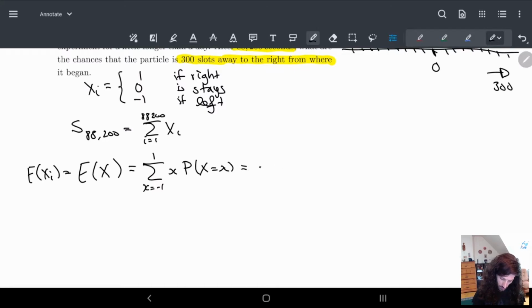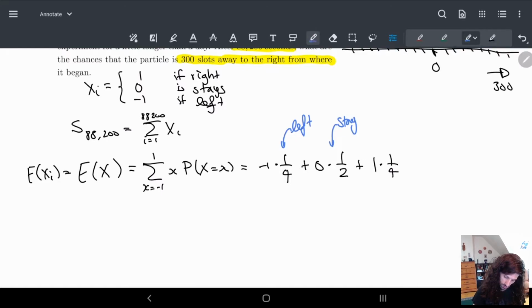So we have -1 times, here left, the probability is 1/4. And then we need to add stay put. And then we need to add 1 for moving to the right.